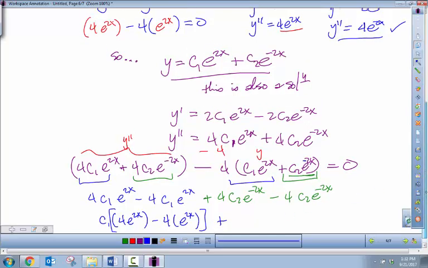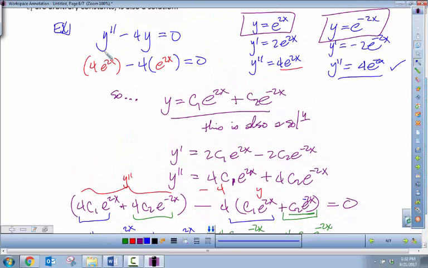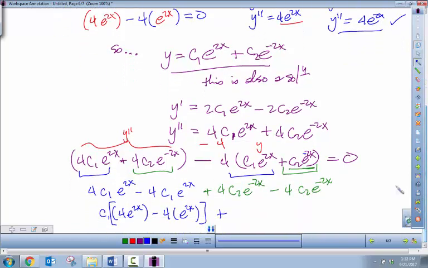Now, if I look at just that, that is the second derivative minus 4 times the original function, times some constant. But this is supposed to equal 0, right? Because e to the 2x is a solution. And then I can do the same thing over here with c2, and collect the second derivative minus 4 times the original function.